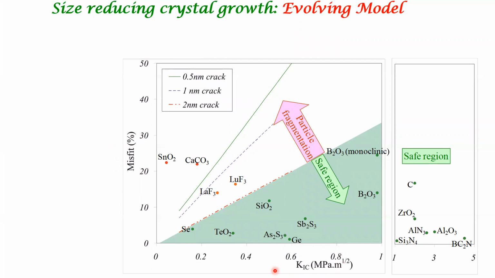This axis is a measure of fracture toughness, and this line is a measure of inherent defects involved in the crystal. Based on this, we were able to come up with a phase map to suggest where you may see this size-reducing crystal growth and where you may not.